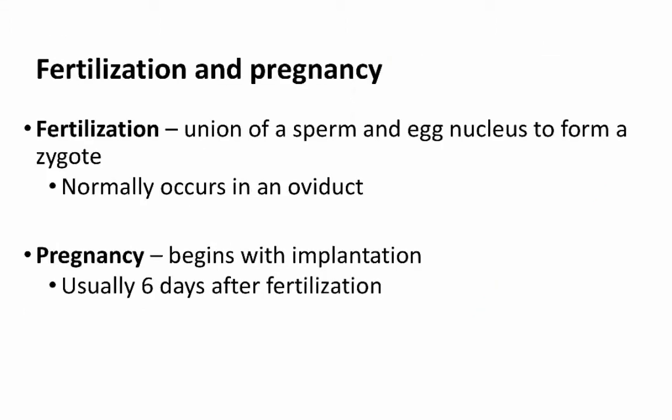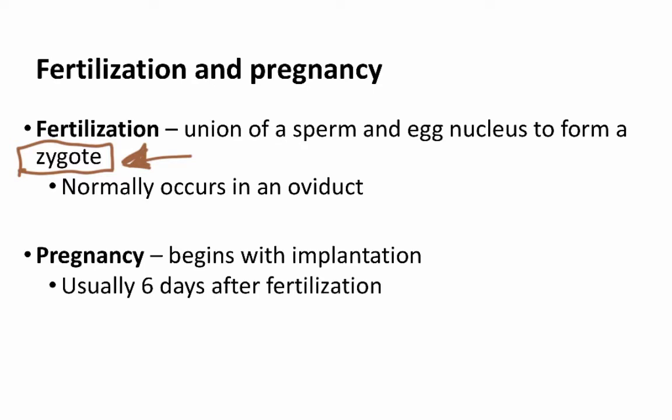So fertilization, as I said in the first part of this lecture, is when you have a return to diploidy, because the haploid sperm and a haploid egg come together to form a zygote, which is a fertilized egg. Definitely know that vocab word, the zygote.